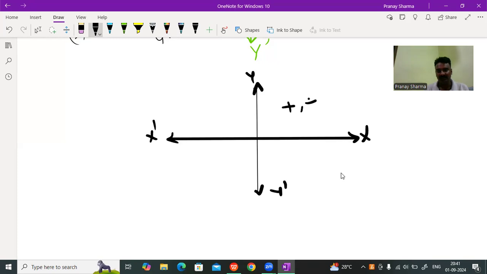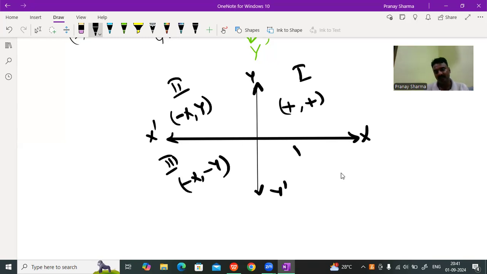In the first quadrant, x is positive, y is positive. In the second quadrant, x is negative, y is positive. In third quadrant, x will be negative, y will be negative. And in fourth quadrant, x will be positive, y will be negative.